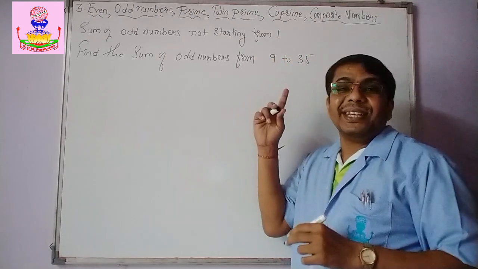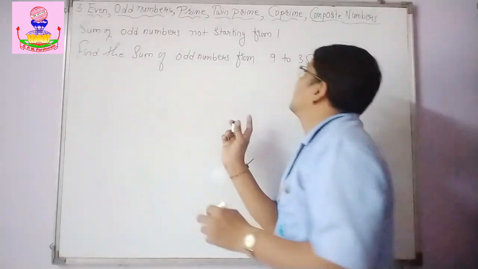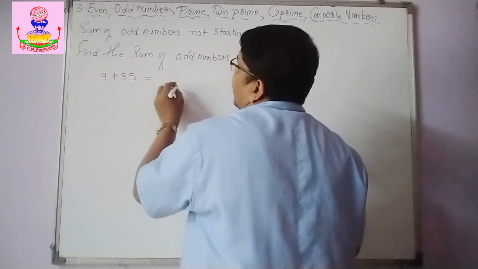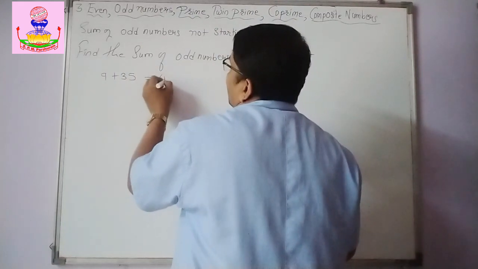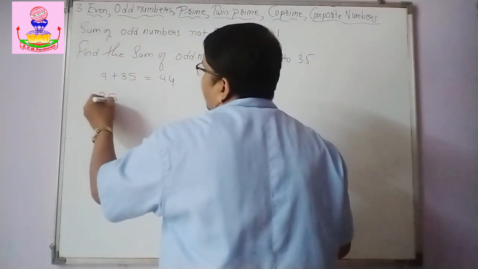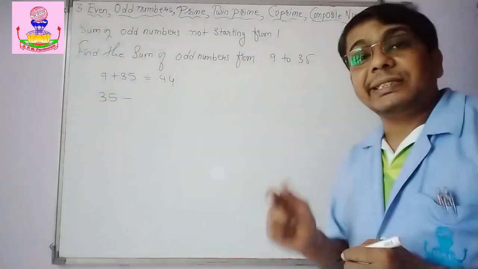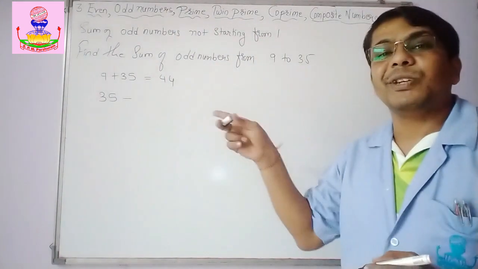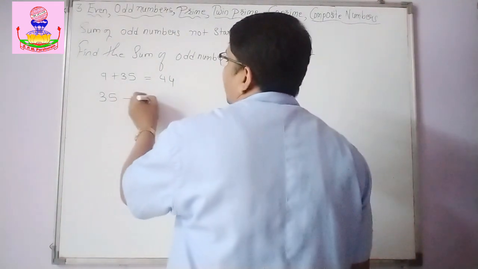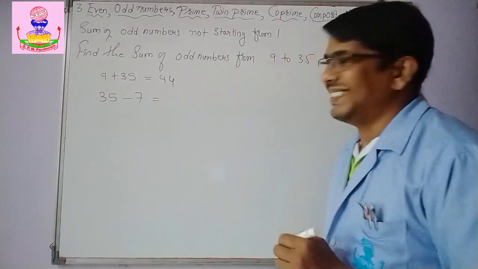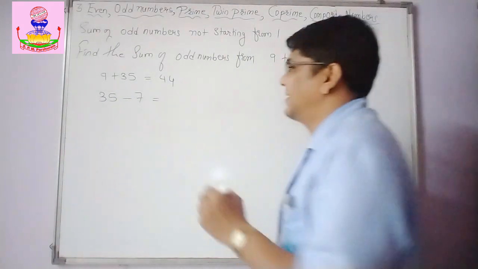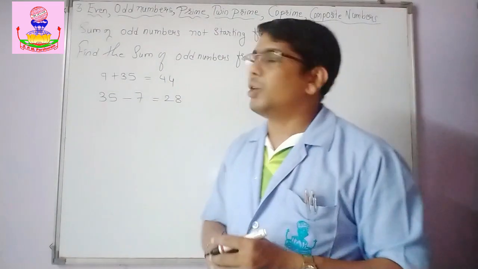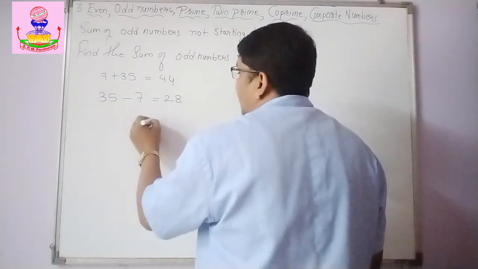So as we have used for even numbers, the same method we are going to use. What do you do? Add the first and the last number. 9 plus 35, yes, 9 plus 5, 14, so 44. And from the last number, 35, subtract the odd number just before the first number. Odd number just before 9, 7. So 35 minus 7, how much is it? Yes, 28. Right? 28 plus 7, 35.